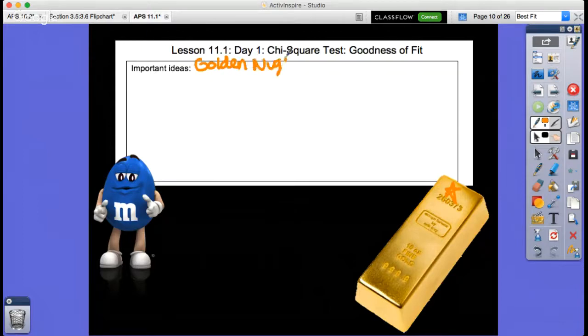Let's give a couple here that we need to kind of know. Golden nugget number one, we've got to know this, that when we talk about our hypothesis and our expected value, okay?